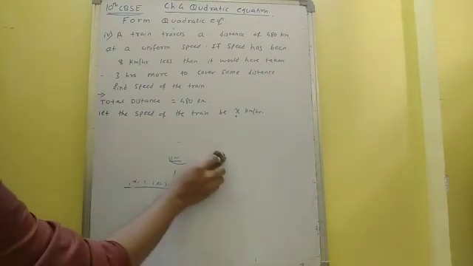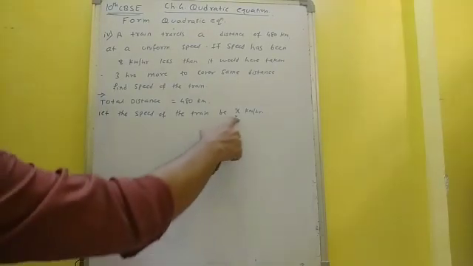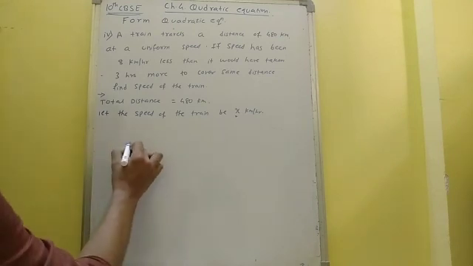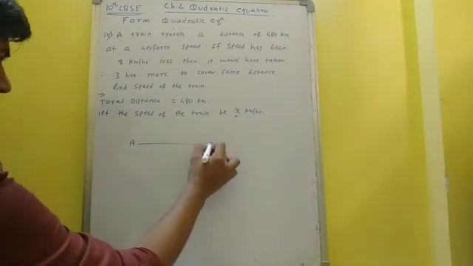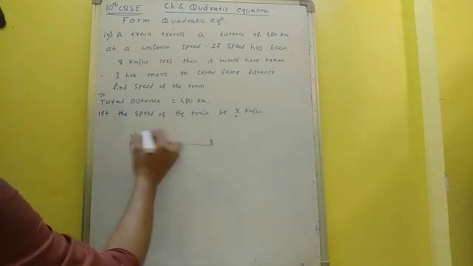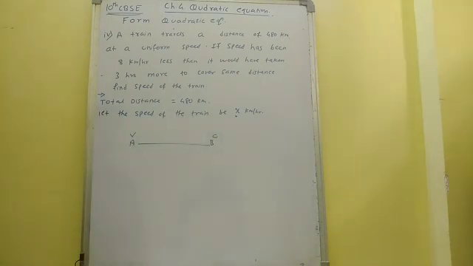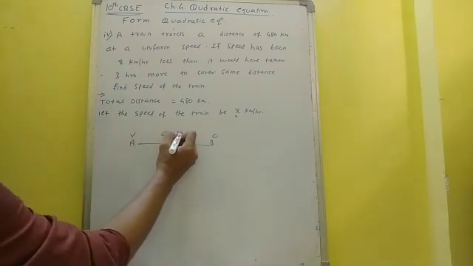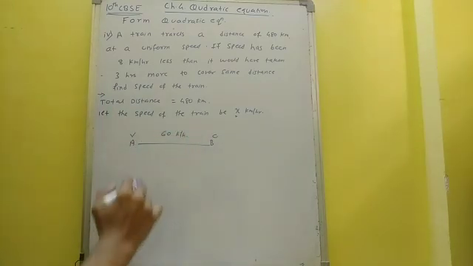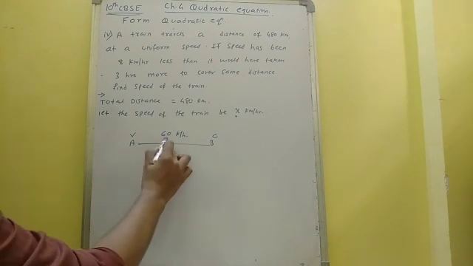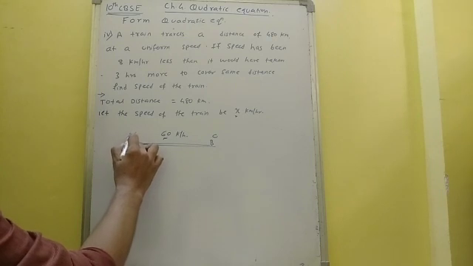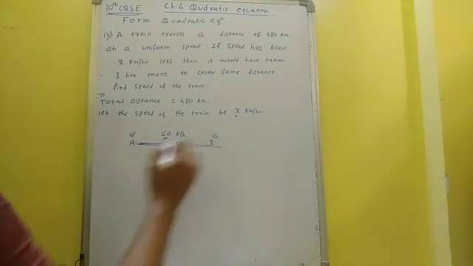So we don't know the speed over here. It is x kilometer per hour. Okay, before reading the question further, please try to understand. This is point A and this is point B. Say this is Virar and this is Churchgate. If the train is traveling at 60 kilometer per hour, the distance between Virar and Churchgate is 60 kilometers.